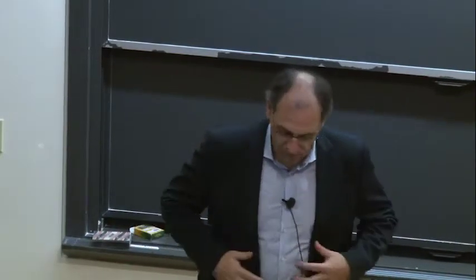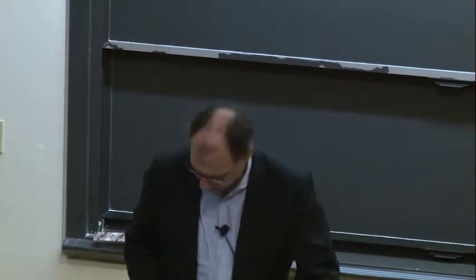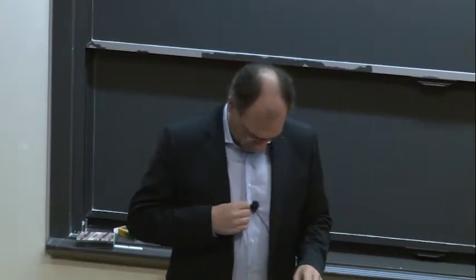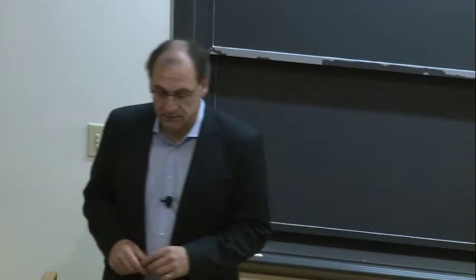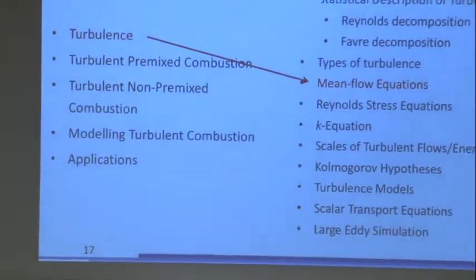Okay, so let's get started. We talked yesterday about turbulence. We want to talk about turbulent combustion, and we started talking about turbulence. What we did was we said turbulence is a random phenomenon.